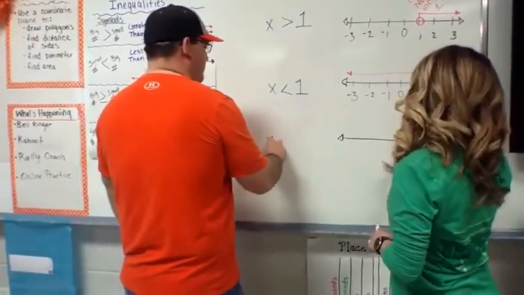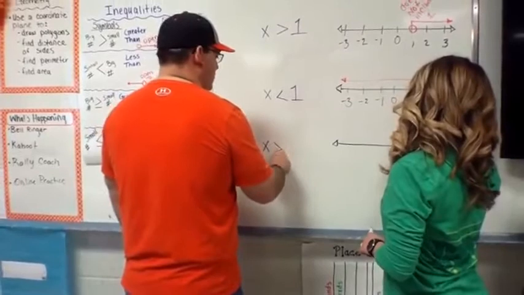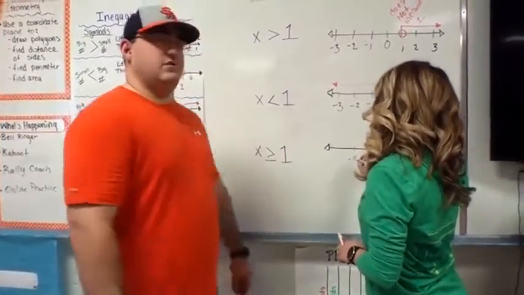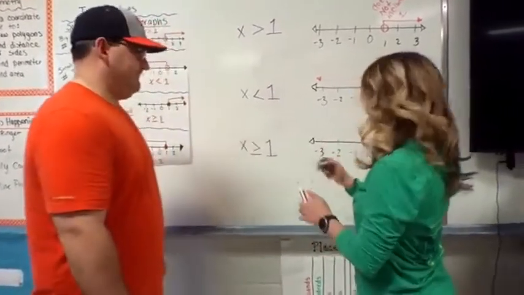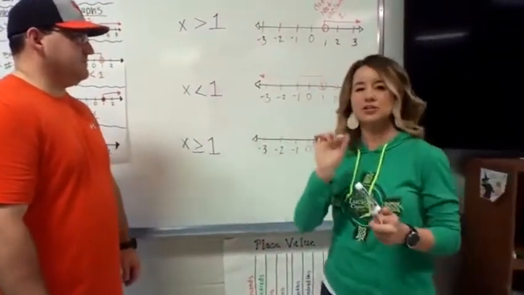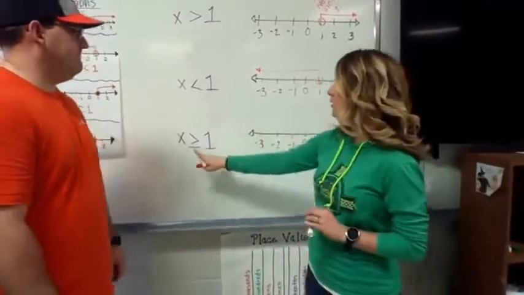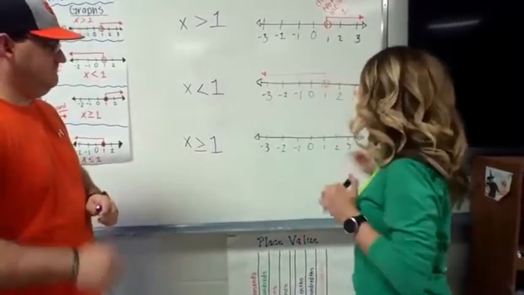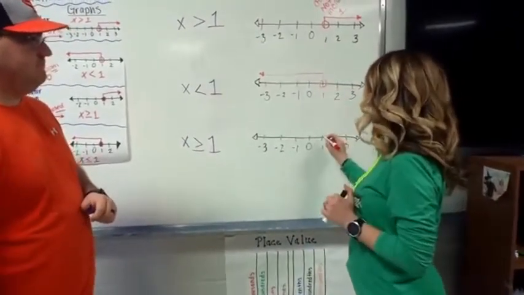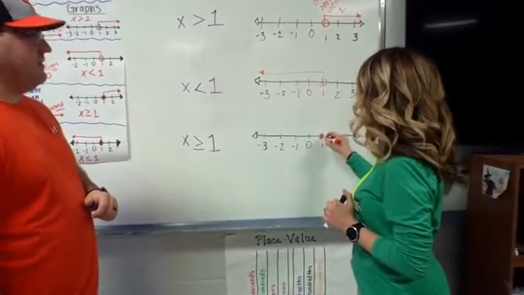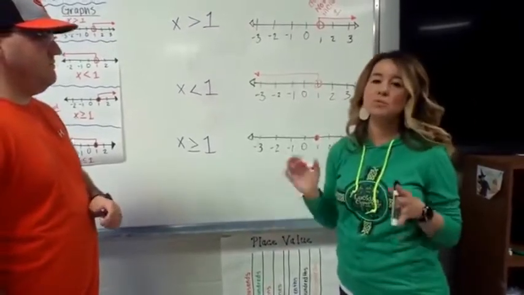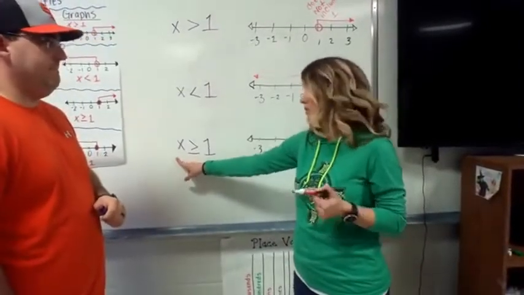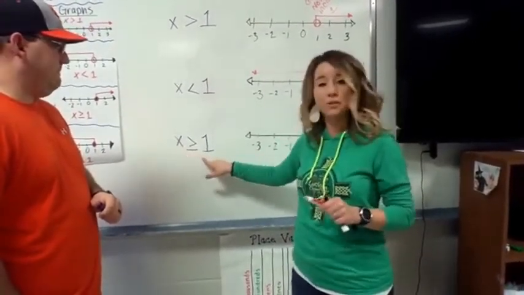Let's stick with 1. Now let's introduce these new signs. x is greater than or equal to 1. This is where that circle changes, because now x can be 1. It can be equal to 1. So instead of having an open circle, I'm going to make a closed circle, because if I plug in 1 right here, it will satisfy the inequality. 1 is equal to 1.